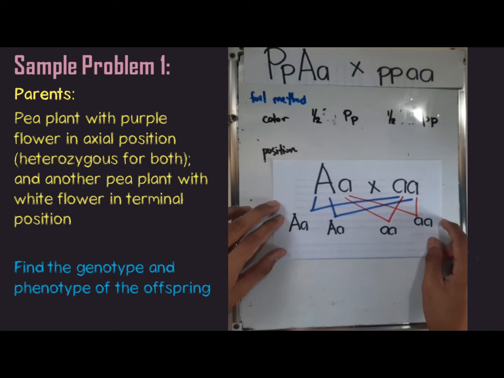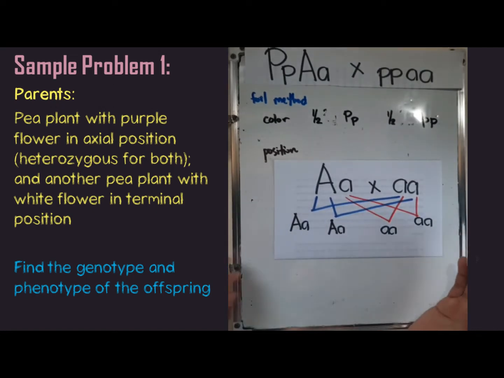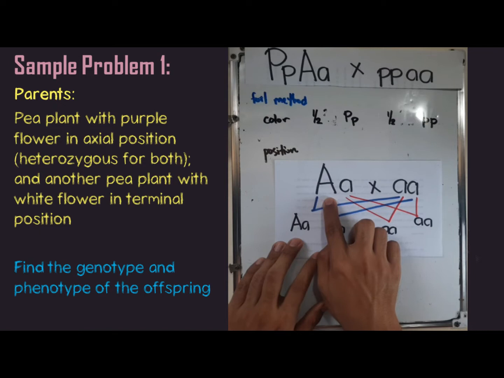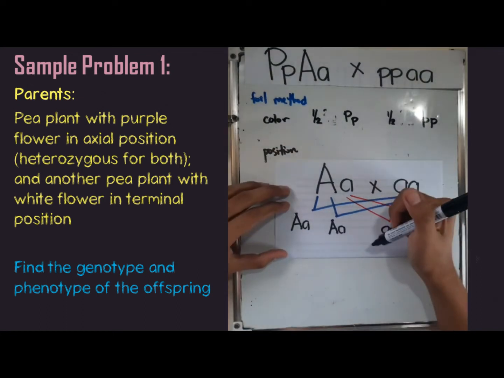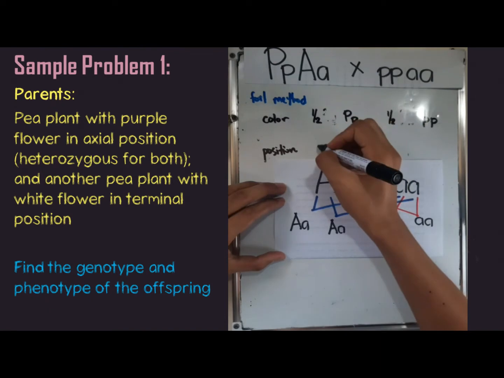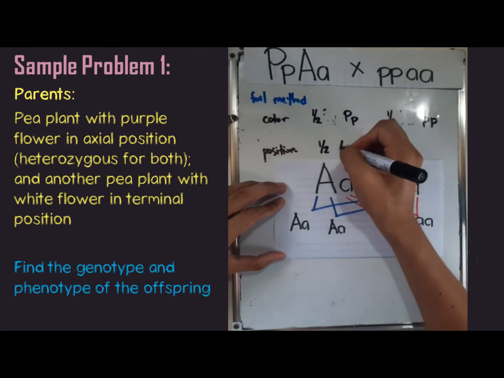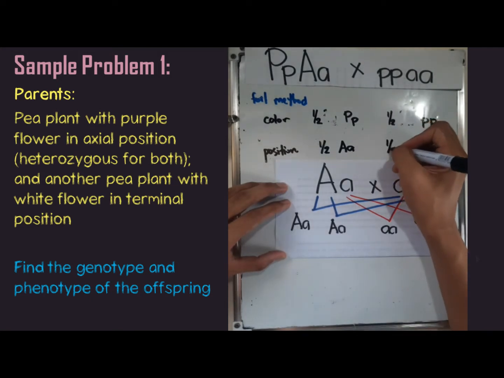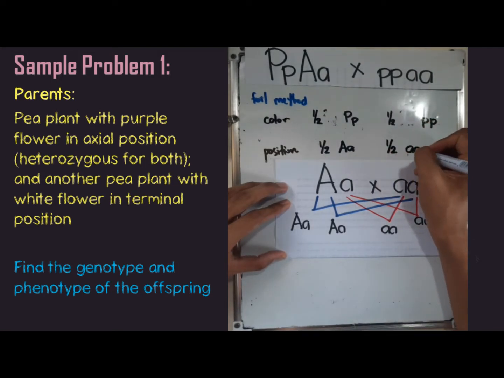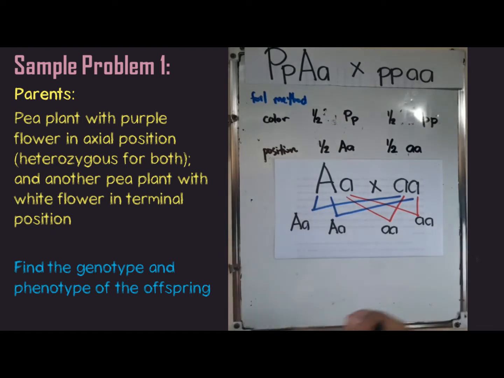Okay? Then, from the color trait, now the position of the flower. When it comes to the position of the flower, we establish once again that the first parent has heterozygous dominant axial flower position, while the other parent has terminal flower position. Then, doing the FOIL method, we arrive at 2 out of 4 or 1/2 heterozygous dominant axial position and 1/2 or 2 out of 4 homozygous recessive terminal position.